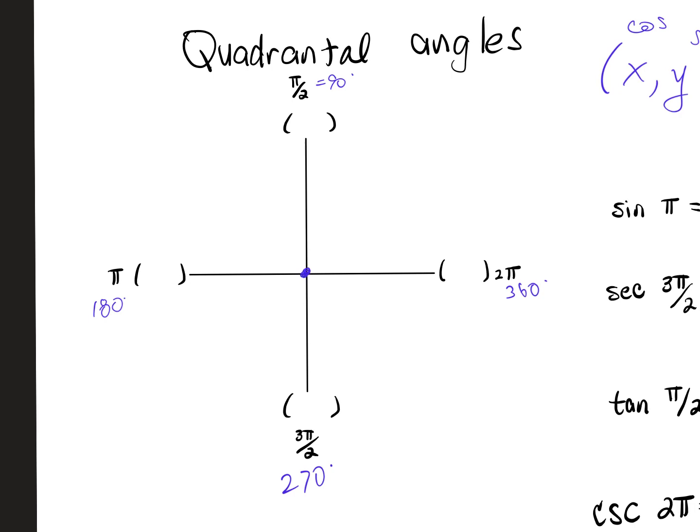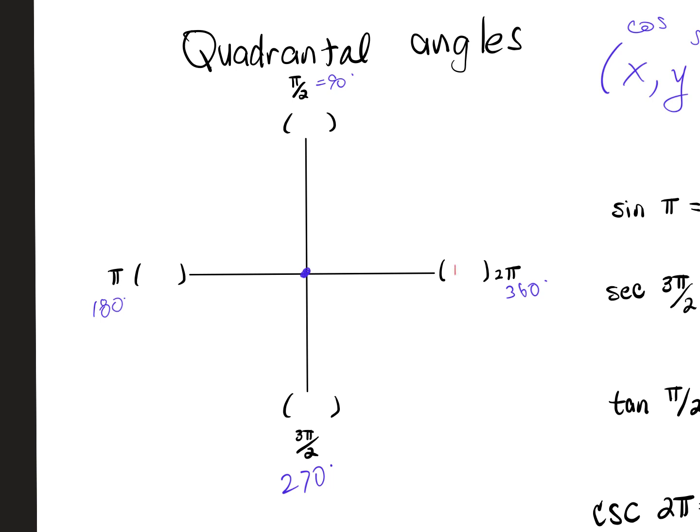Think about it. If you're moving left and right, what value are you affecting? If you're moving left and right, you're affecting the x, right? If you're moving up and down, you're affecting what? So all of the quadrantal angles have 1s and 0s in them. It's just a matter of the direction that you go. If I go to the right, it's positive. So this would be 1.